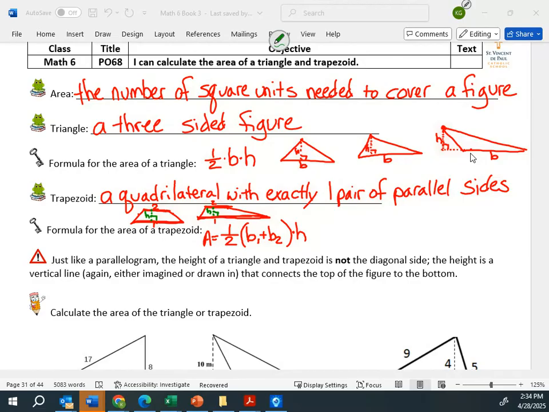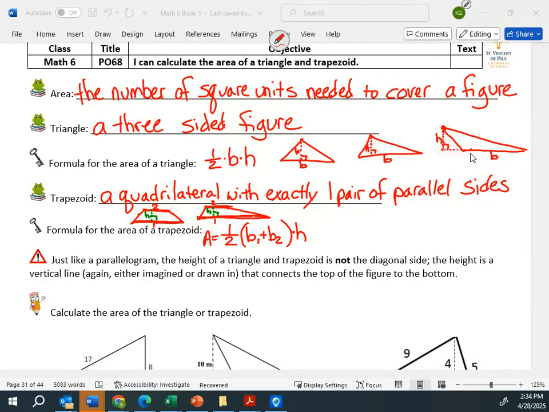Sometimes they will give us a side length as extra information. You need to be able to figure out what the two parallel bases are that go straight on top of each other, and what the height is from one base to the next base, making that right angle. That's the key thing we're looking for, is that right angle for our height. Do not be distracted by extra information with the extra sides.